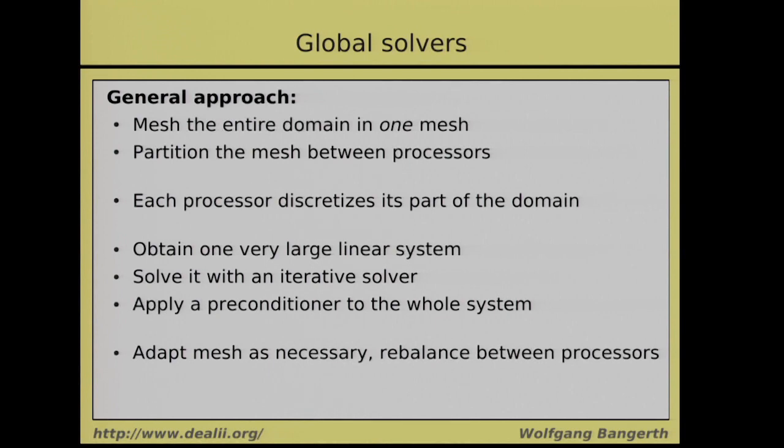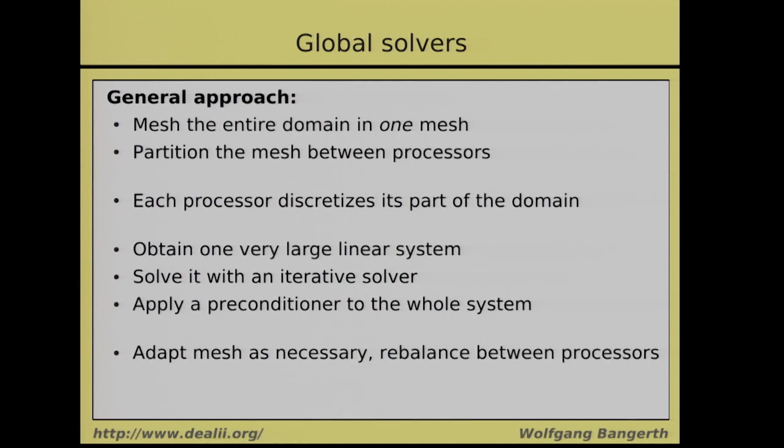So I might not be able to store the whole mesh on any one processor, but conceptually, all of the processors together have one data structure, distributed among many processors, that actually stores the whole mesh. And then what we need to do is partition the mesh. Partitioning the mesh means that we split it into chunks so that every processor has roughly the same number of cells. But as I say, conceptually, it is still one mesh.